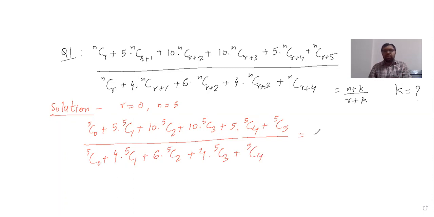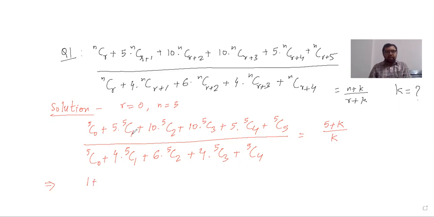This is equal to n plus k upon r plus k. Substituting n equal to 5 and r equal to 0, we get 5 plus k upon k. Now we cross multiply and solve this equation.